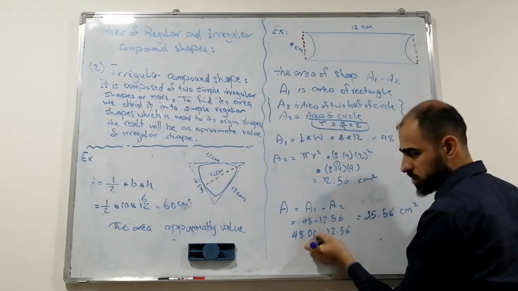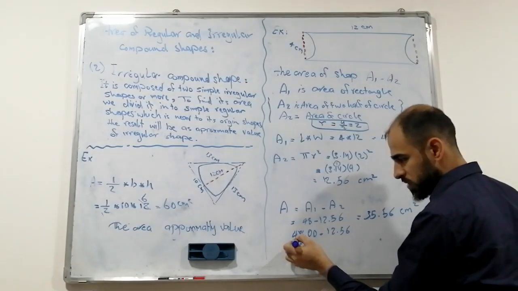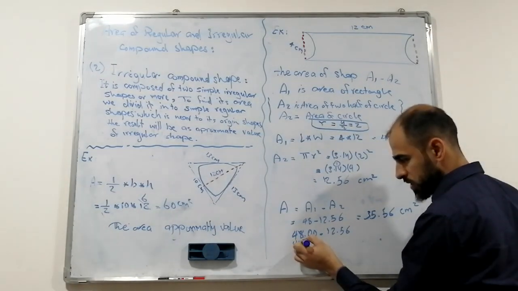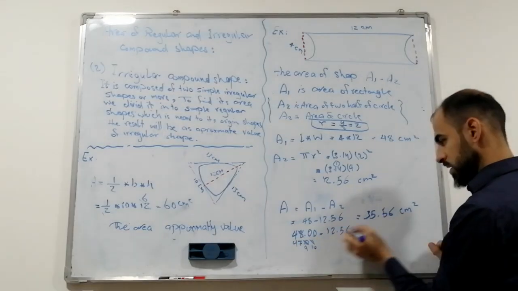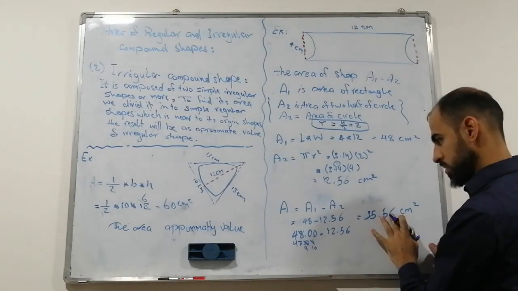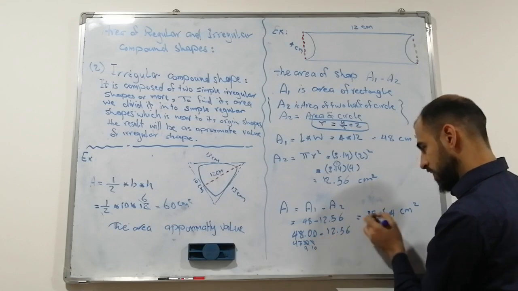0 minus 6, it couldn't be. Then this will be 7 and 10. And this 0 will be 10. 10 minus 6 is 4, right? And 10 minus 5, 4.